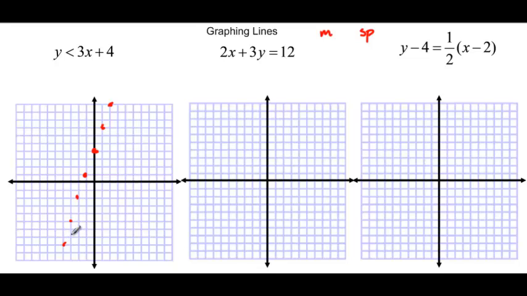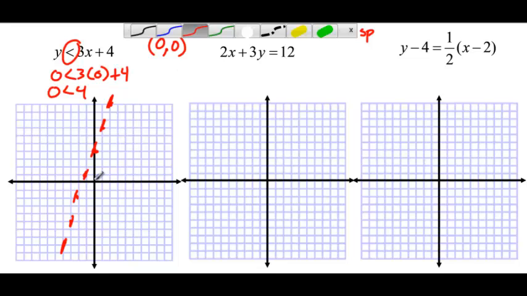Now notice, since it is an inequality, I'm going to dash my line because that line is not included. And then the last thing you want to do is do a test point. So if we can test a point 0, 0, which is always an easy one to do, then we can plug 0 and 0 in. So plug in 0 is less than 3 times input 0 plus 4. Is 0 less than 4? Well, yes it is. So then the point 0, 0 right there is included in the solution set.